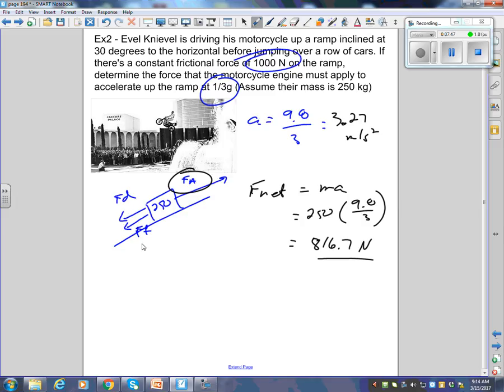Okay, FD is easy to find. FD is equal to mg sine theta, 250, 9.8, sine 30.